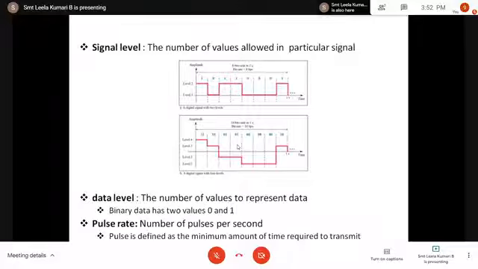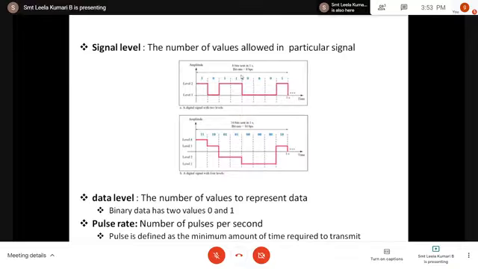So while dealing with these line coding techniques, we have to see the number of signal levels and the number of data levels. Data level means the number of values used to represent data. Suppose you consider binary data, which has 2 values, 0 and 1.